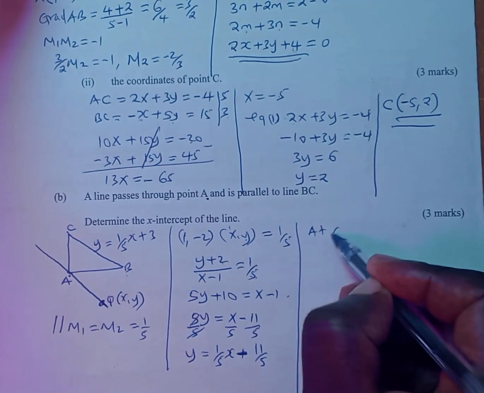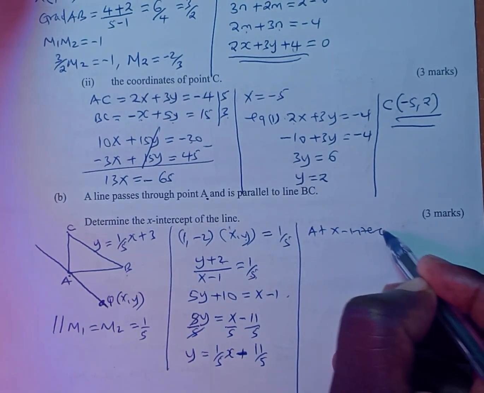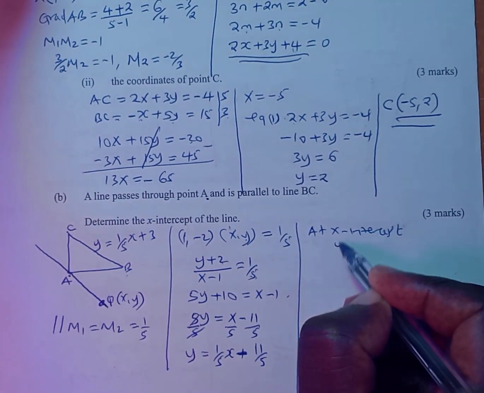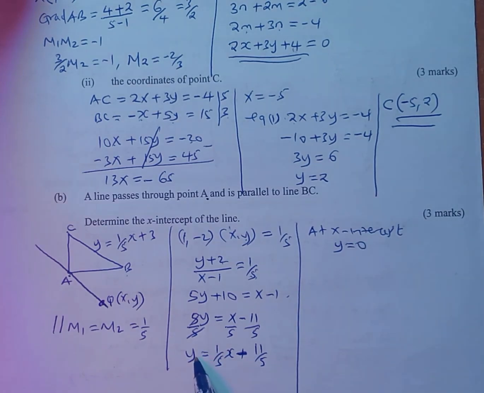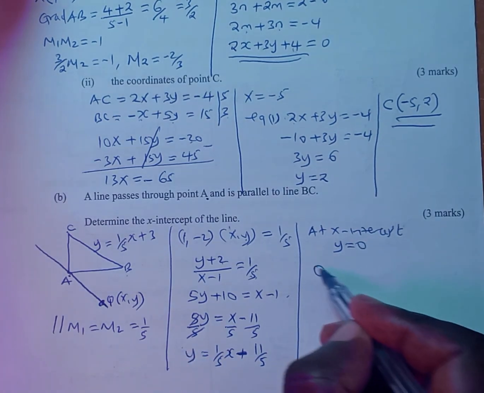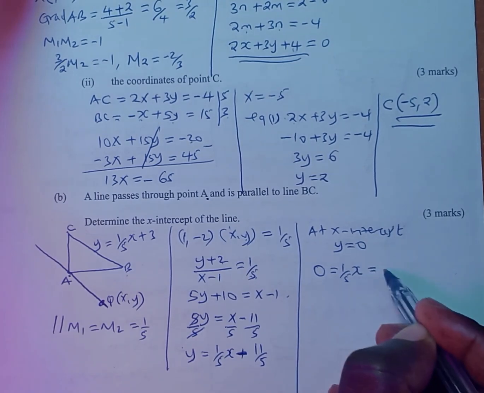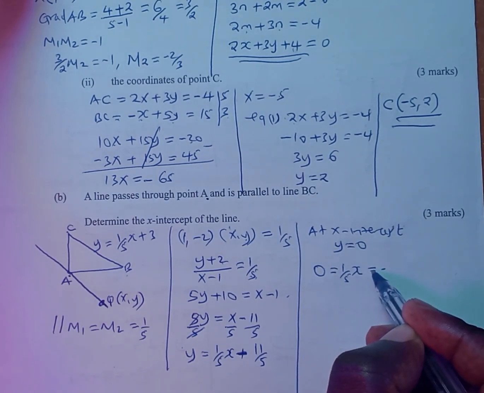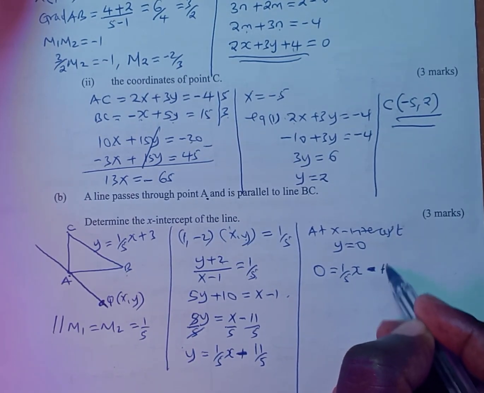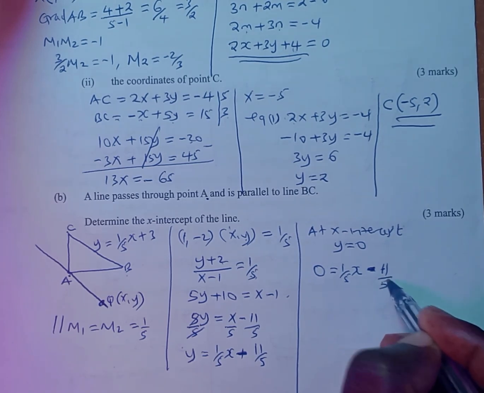Remember, at x-intercept, the value of y is 0, and therefore we replace y with 0. We are going to have 1/5 x being equal to minus 11/5.